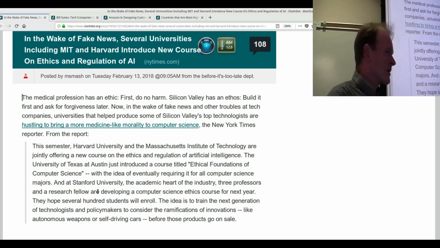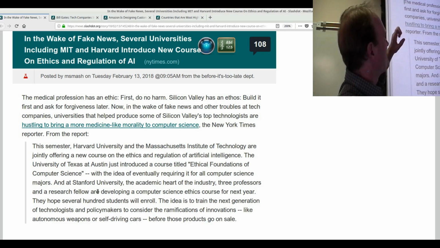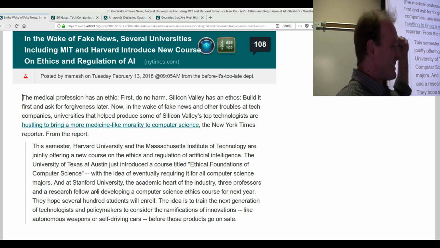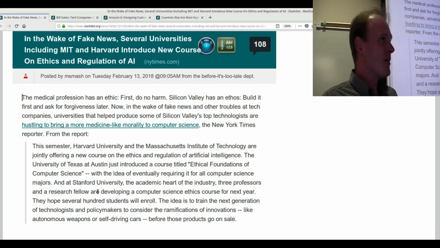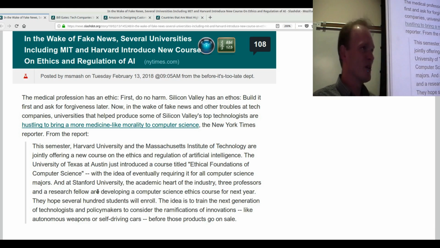I'll tell you what I fear much, much more than AI is having stupid people in charge. And the more we teach ethics and the more we try to regulate what AI is supposed to do and what AI is not supposed to do, the more we're giving somebody the power to decide what our computers should and should not do.